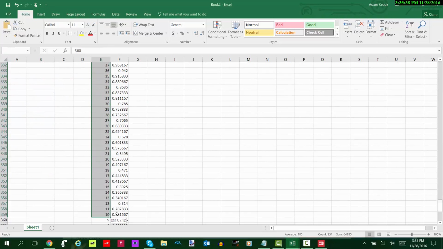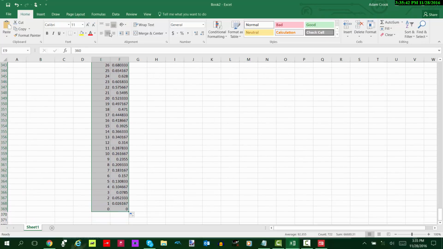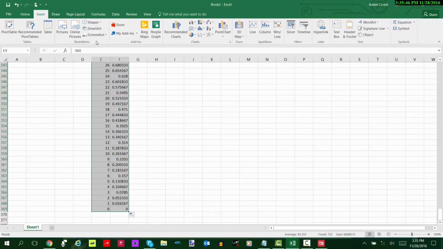But now we got to create the graph. All right, so graph all of this. Insert graph. Any particular one? Line graph? Bar graph? Line graph will be fine. And we could throw in a scatter plot. That would be even better.